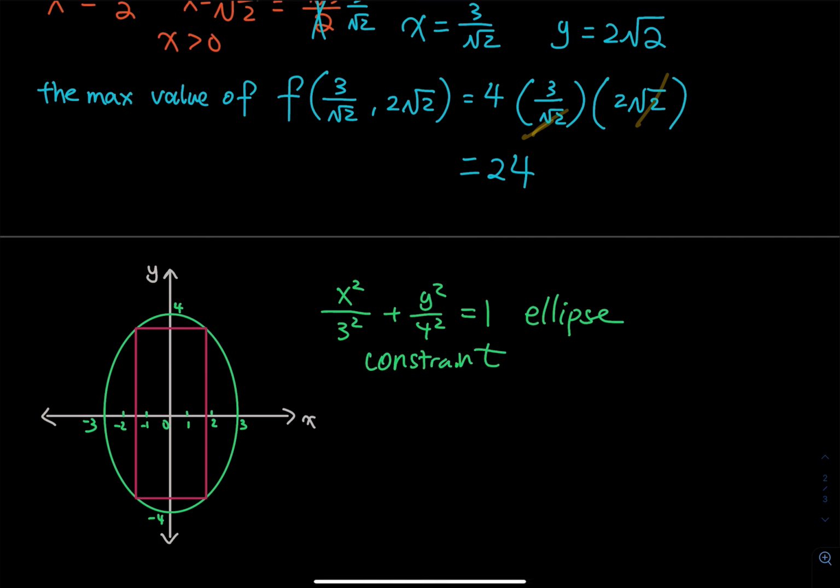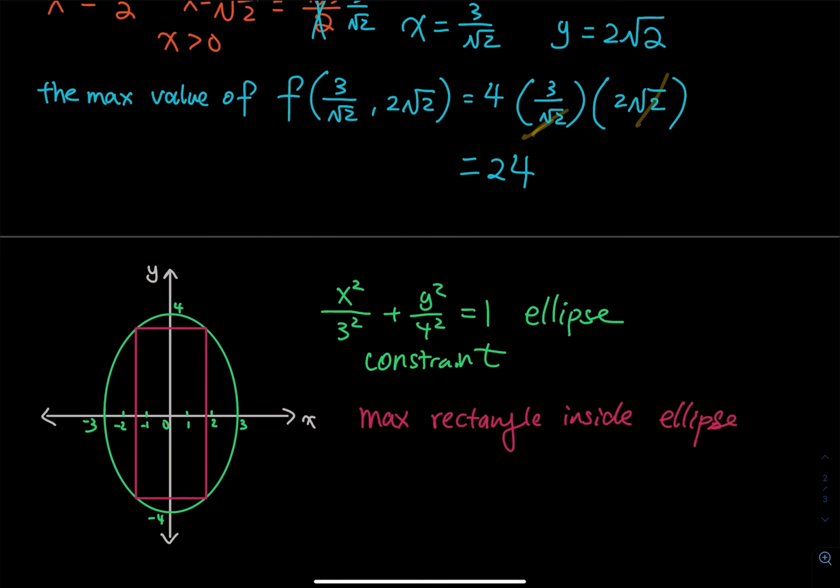And then how do I get the objective function? The objective function is 4xy. So I have an ellipse that is my constraint. The ellipse has a size, right? So I'm trying to maximize the rectangle inside the ellipse. And that is my rectangle.